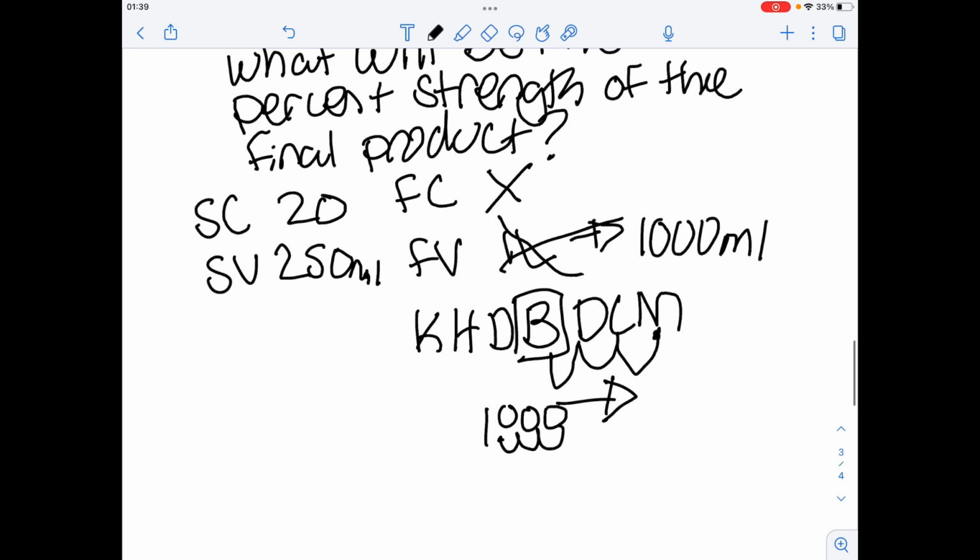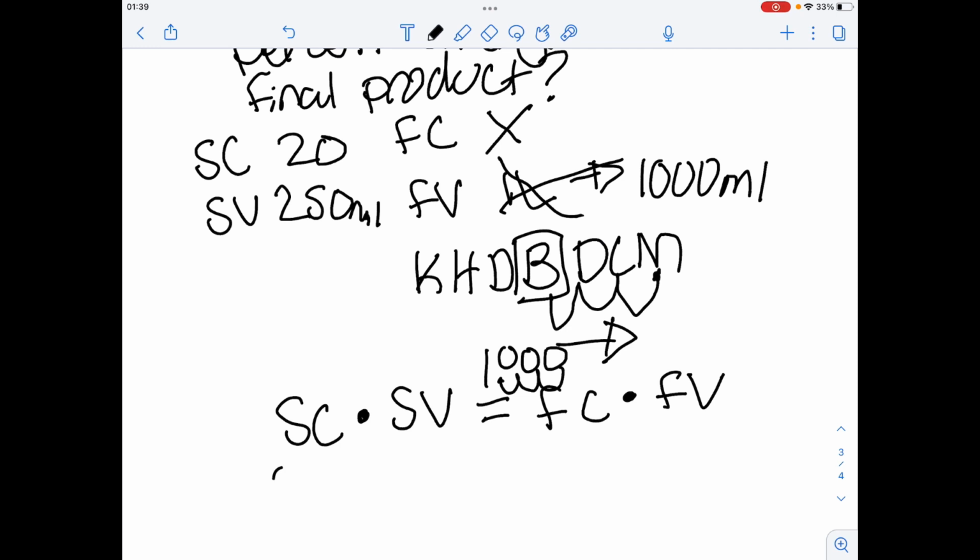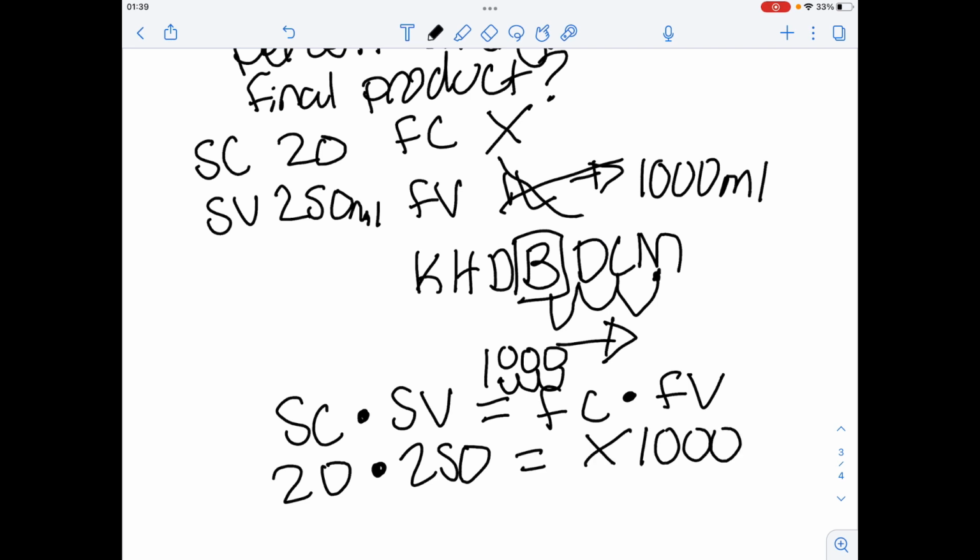So now let's fill it in for our equation. Remember, our equation was starting concentration times starting volume equals our final concentration times our final volume. So starting concentration, 20 times 250 equals X times 1,000.